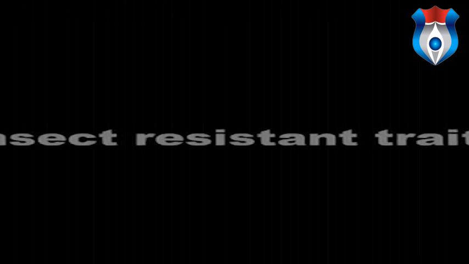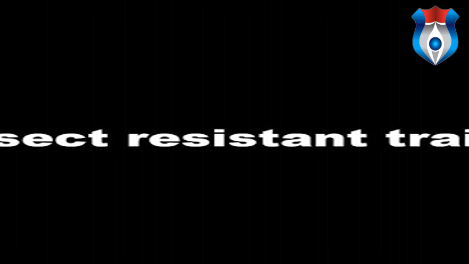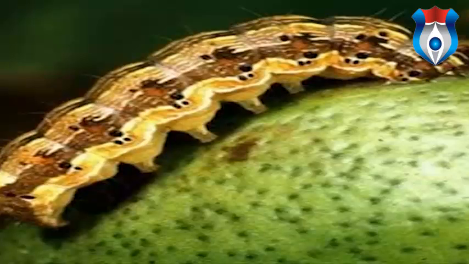Biotech cotton traits. Insect resistant traits. The third most dominant biotech crop was Bt cotton, equivalent to 11% of the global biotech area since 2010. Bt cotton was planted in 11 countries.